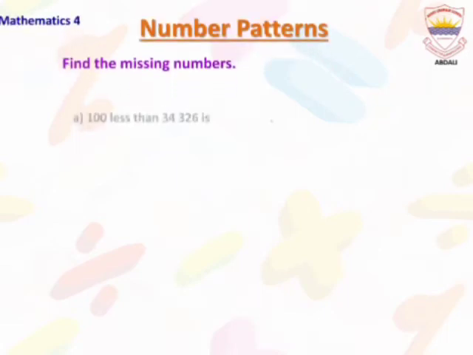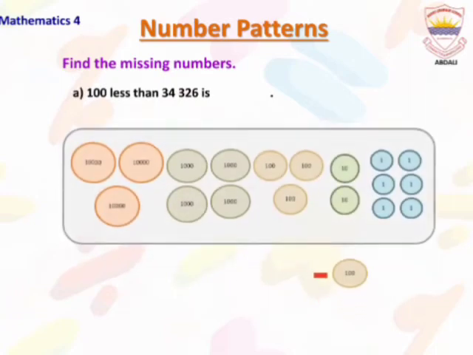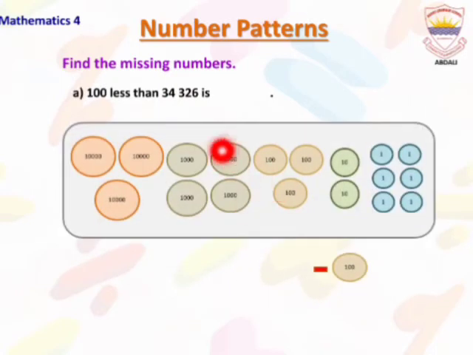Now, students, it's time for our next question, finding the missing number. 100 less than 34,326. Similarly, we draw number disks of 30,000, 4,000, 300 and 2 tens, and in the last we draw our ones number disks, 6 number disks of ones.